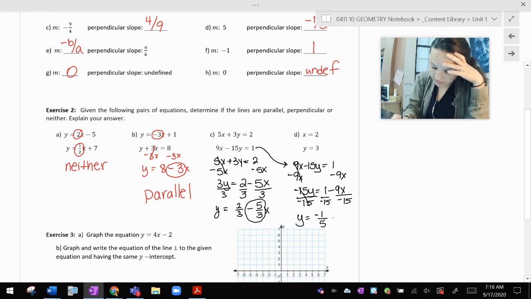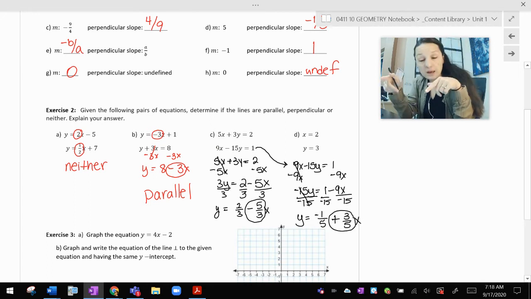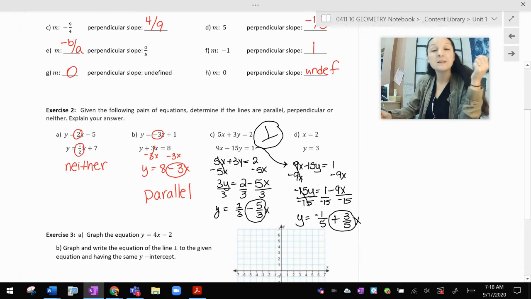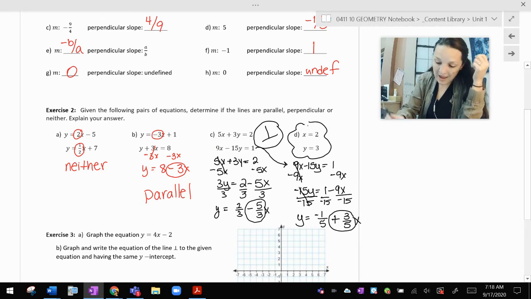A negative divided by a negative will be a positive. 9/15 is 3/5. So I have -5/3 and +3/5. These two are perpendicular.